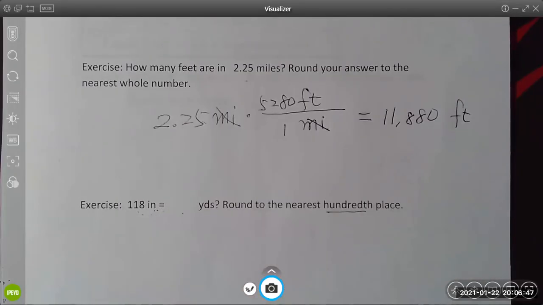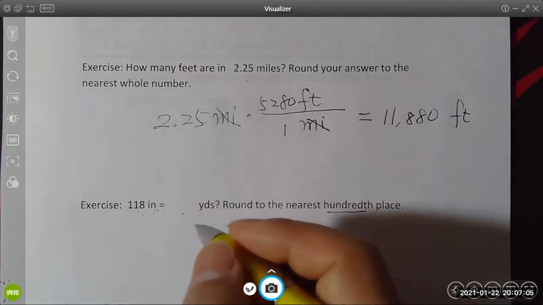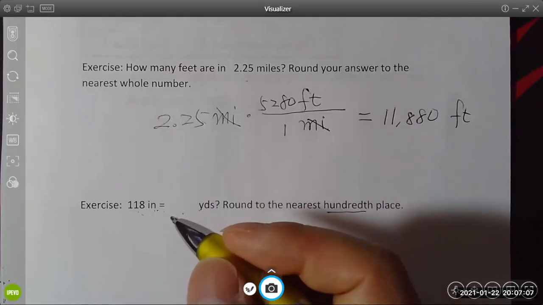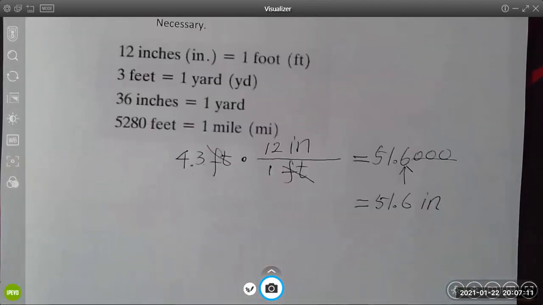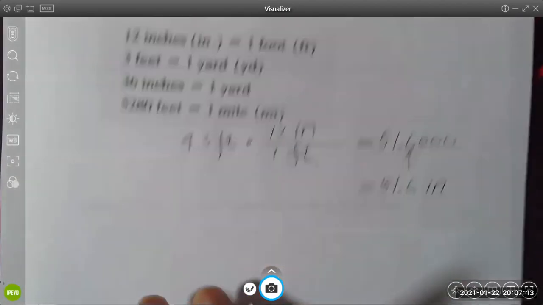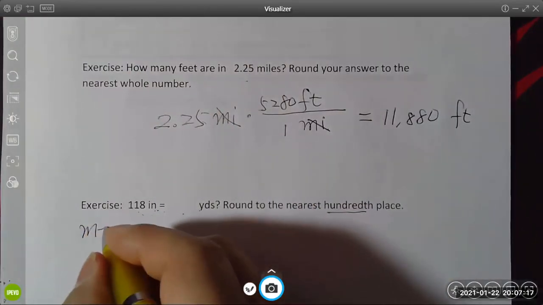And if you don't know how many inches are in 1 yard, you can do it in 2 steps. For example, you can go from inch to foot, then from foot to yards. So let's do that. First, pretending that we know 1 yard equals 36 inches. You can see from this table here, 1 yard equals 36 inches. So let's do that. This is method 1.